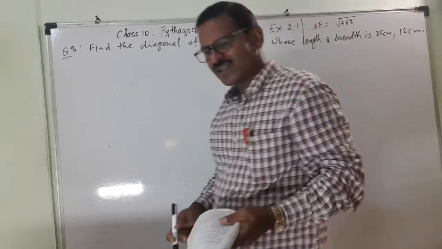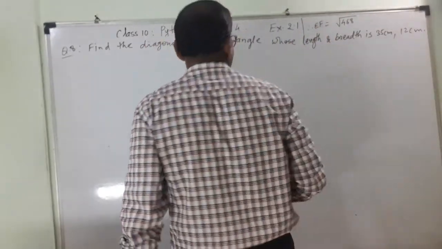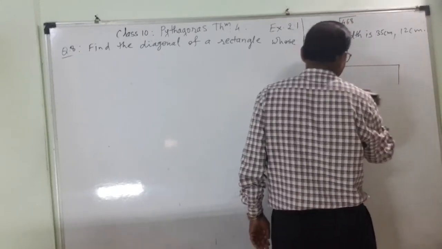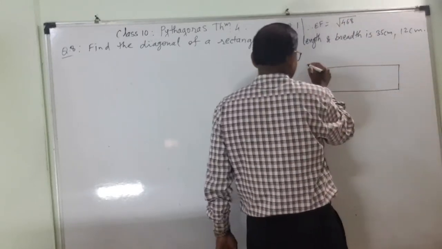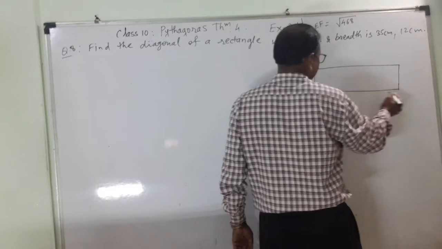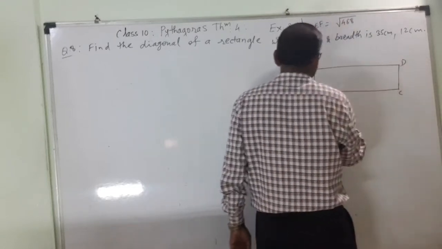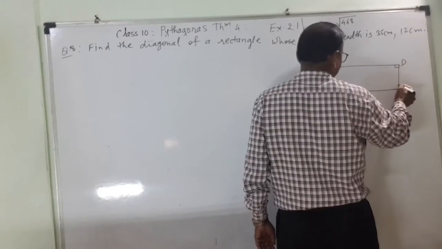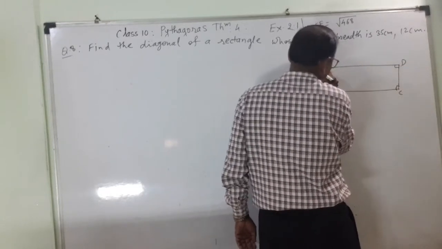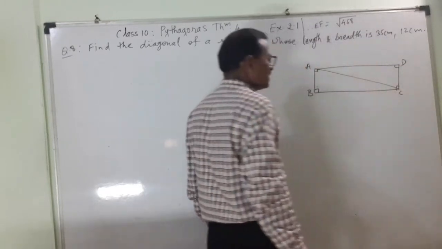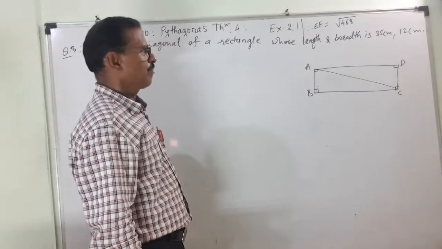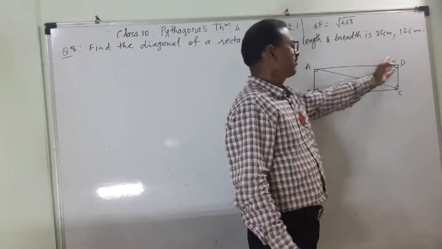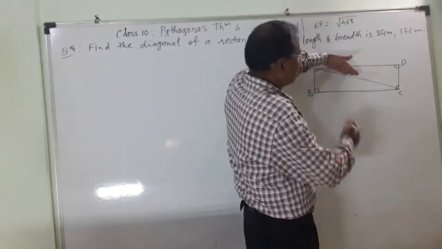Now this is a very simple question. The application is the Pythagoras theorem. See this, this is ABCD. This is 90 degree. All are 90 degree. And we have joined this. So AC is the hypotenuse for this right angle triangle. AC is the diagonal for this. So for this triangle it will be the hypotenuse.